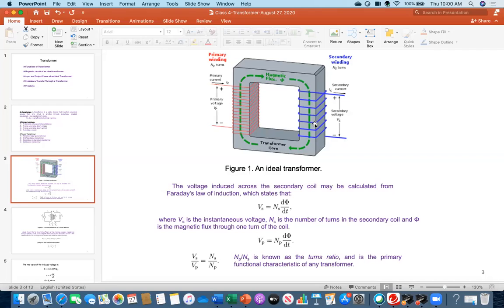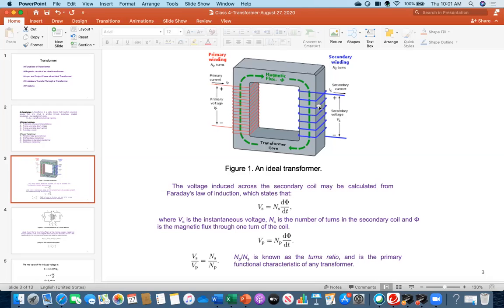That DC flux is also constant, not time varying. Therefore, no voltage will build up on the secondary. That is the reason DC never works in the case of a transformer. So what will it do? It will just cause some sort of heating, because that flux will go and it is constant flux. It is not producing voltage.